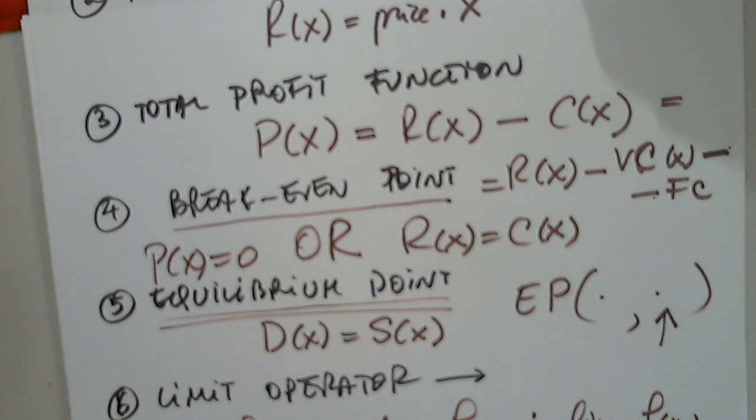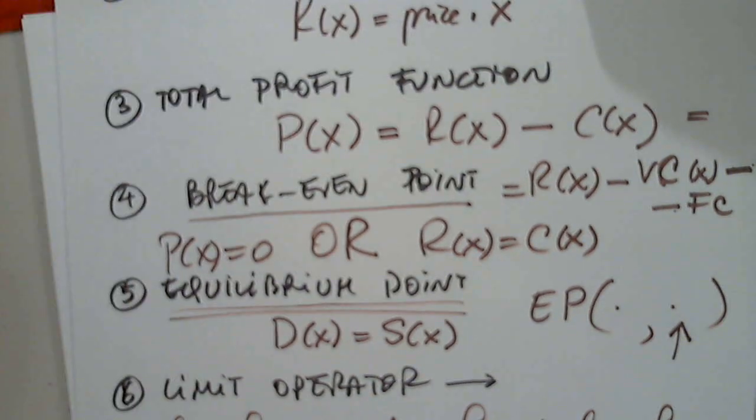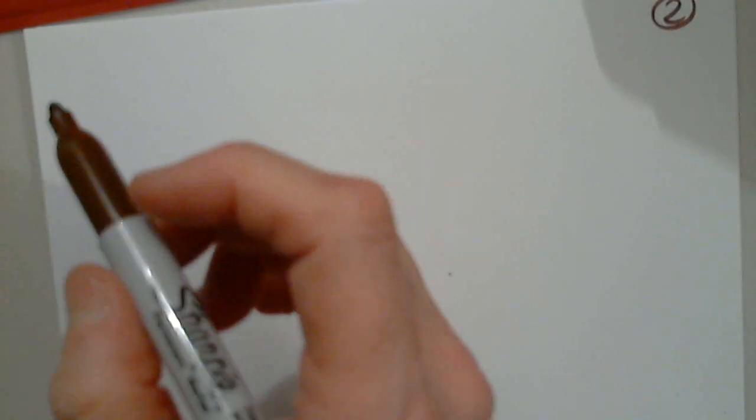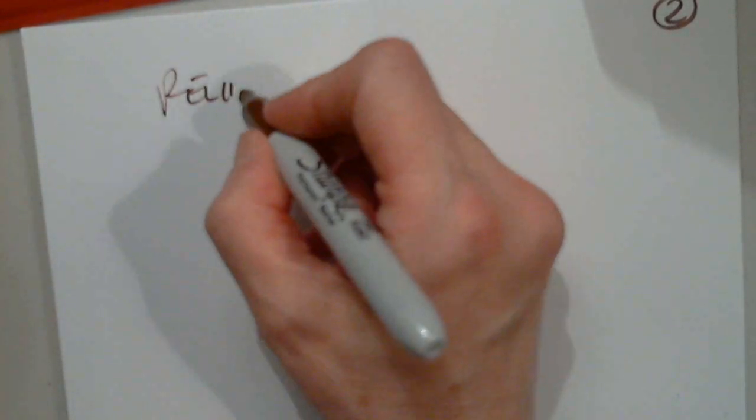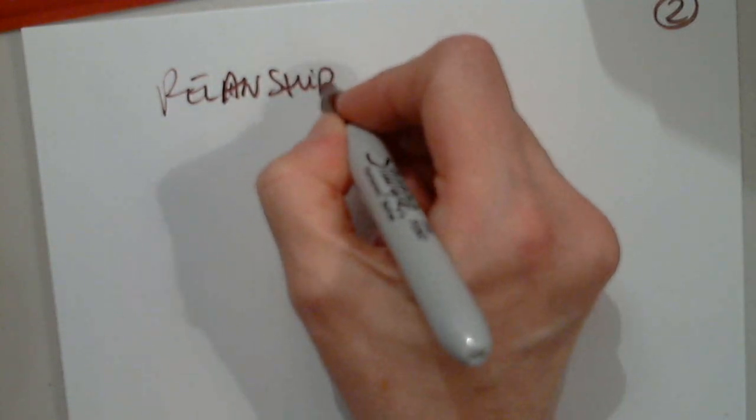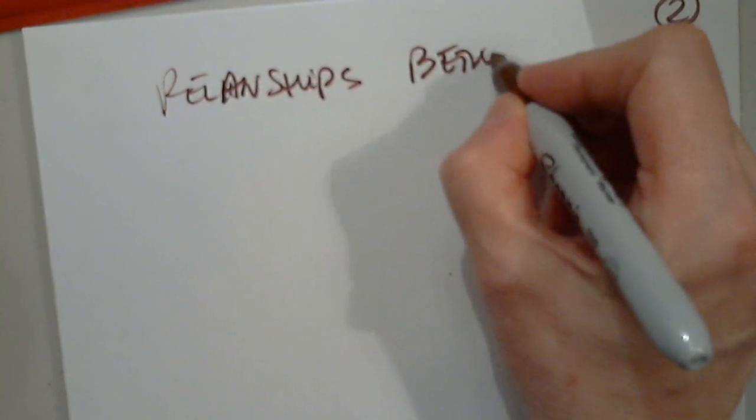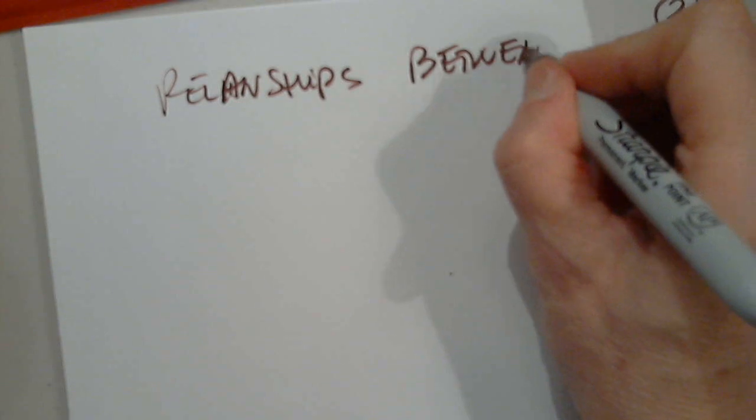So what I wanted to explain is this inversely proportional. Okay, that's the key word or keywords here first. So I have to come back to that. Okay, so that's my page 2. So relationships between two variables.